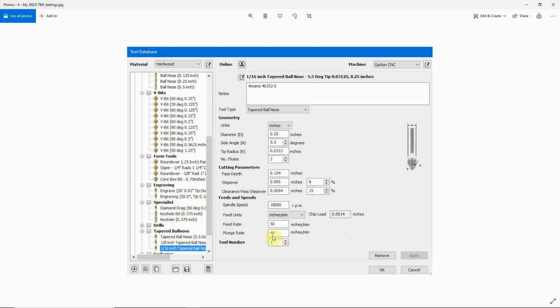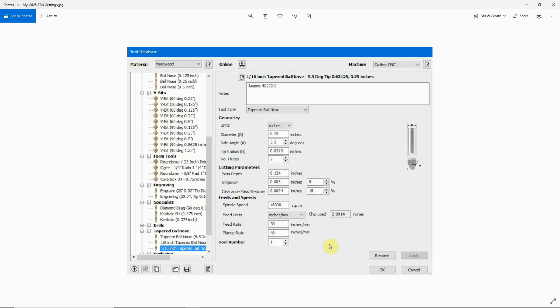So I wanted a reasonable feed rate. To get a reasonable feed rate, I set a conservative but reasonable plunge rate. And I can adjust this plunge rate on my control software as it's cutting.